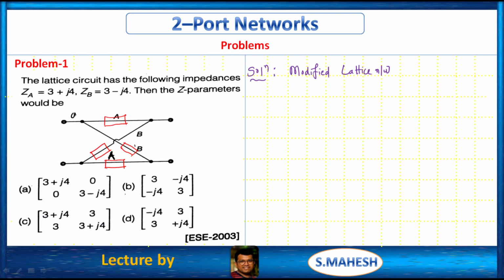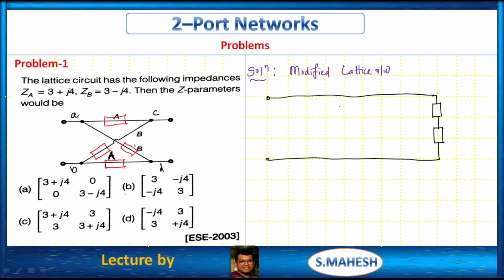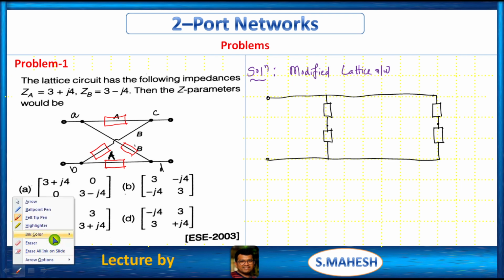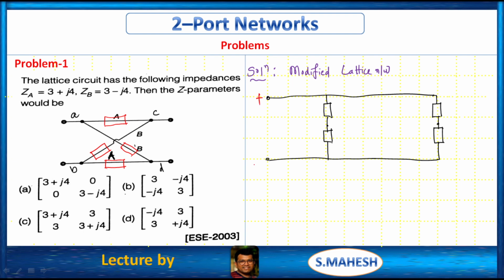For example, this is A, this is B, this is C, this is D. This is plus minus, this is V1.